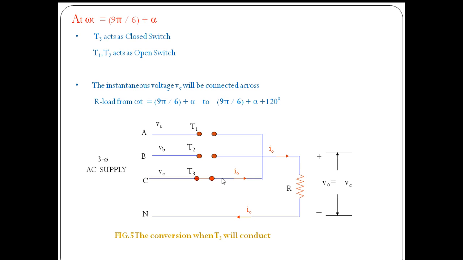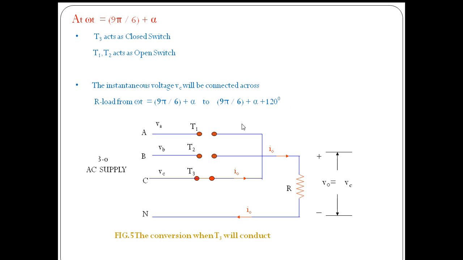For another 120 degrees, T3 will be in conduction, and the voltage available across the load will be the phase C voltage, neglecting the small voltage drop across thyristor T3. Current flows from phase C through thyristor T3 and the load resistance, and comes back to the neutral terminal.